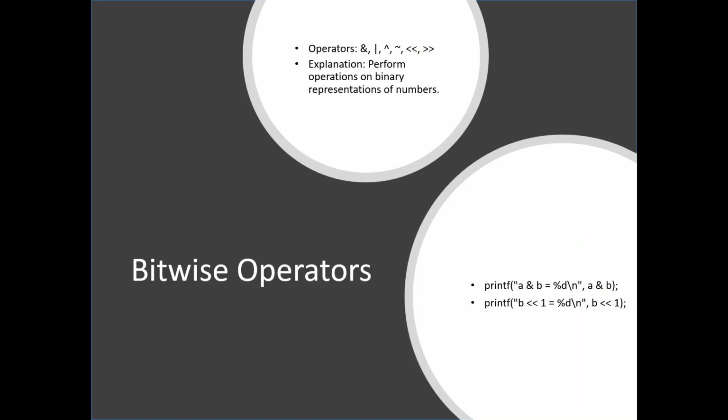The next operator is the bitwise operator. Basically we have various types of bitwise operators. The first ones are and, or, not, left shift, right shift. They are used to perform operations on the binary representation of numbers.